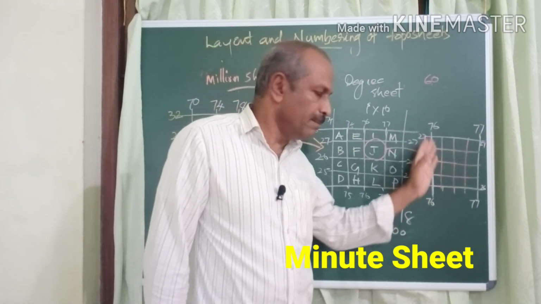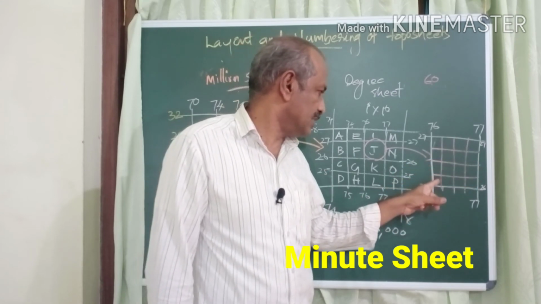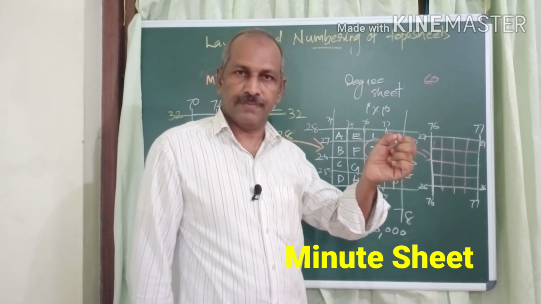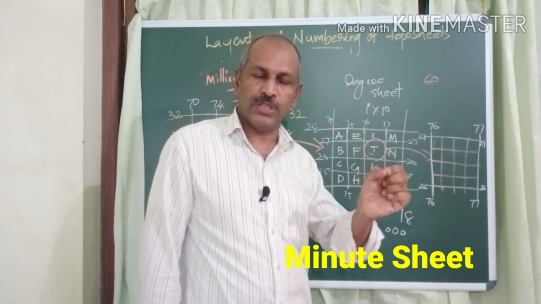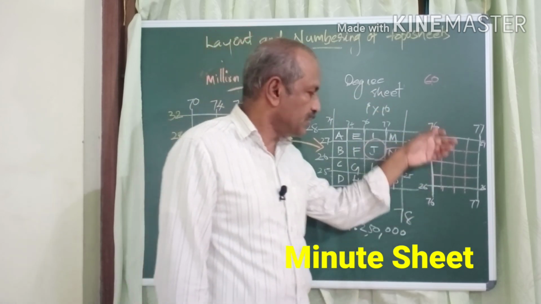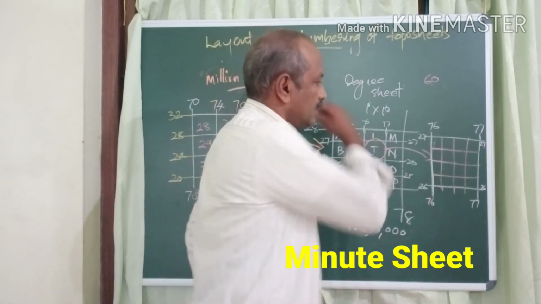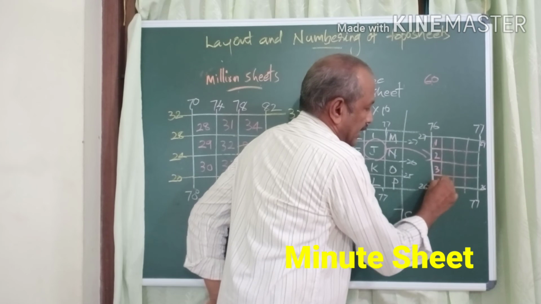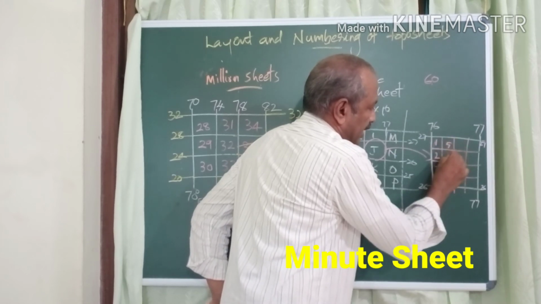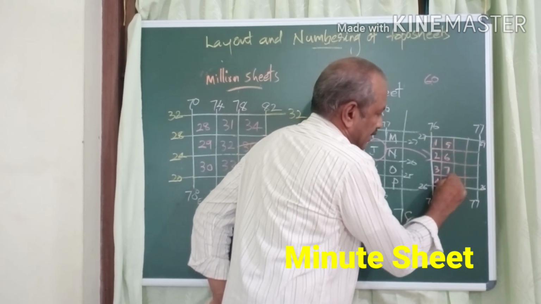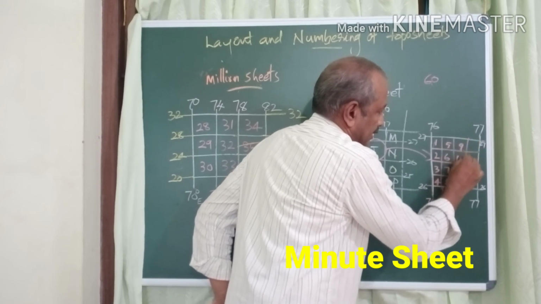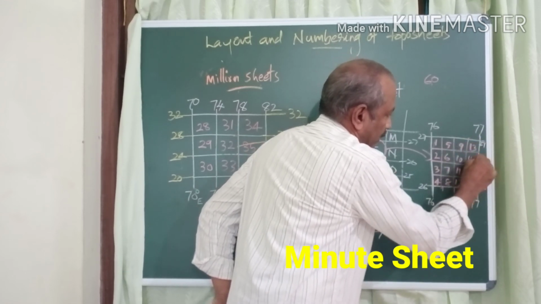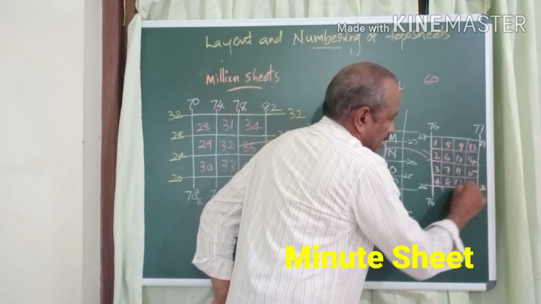And this is called a minute sheet, because each sheet here has a 15 minute latitudinal and longitudinal extension. These sheets are given numbers: 1, 2, 3, 4, 5, 6, 7, 8, 9, 10, 11, 12, 13, 14, 15, 16.